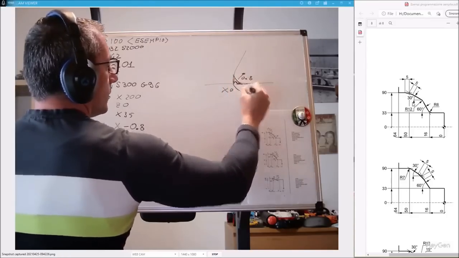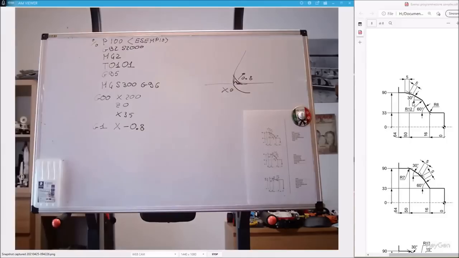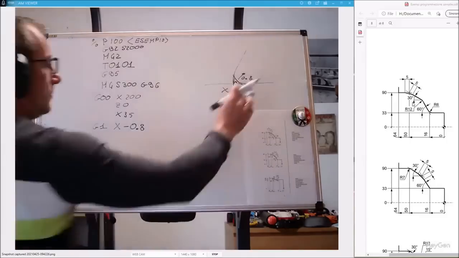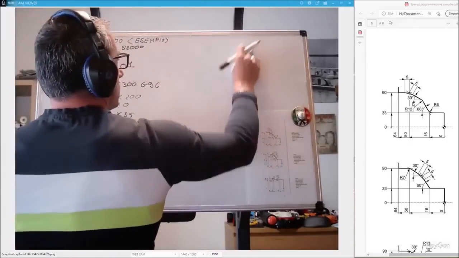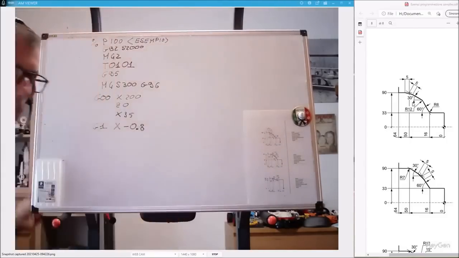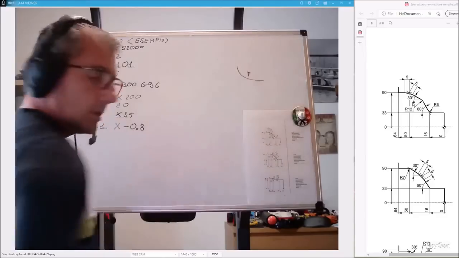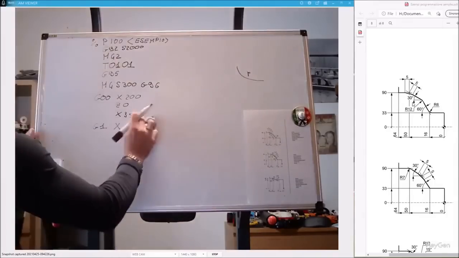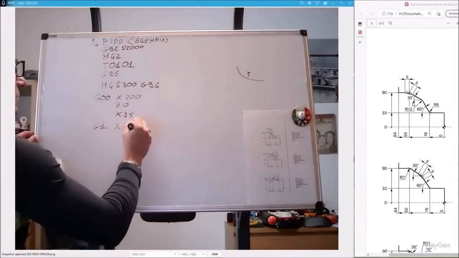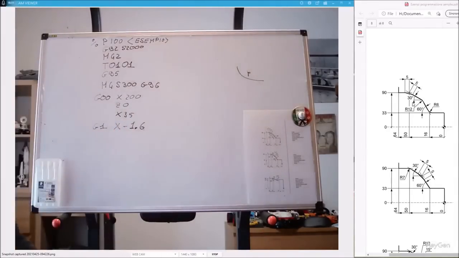So I lower my tool by 0.8 more. Small reasoning. Sorry. This is the radius, 0.8. You see? Sometimes I get confused too. Minus 1.6, twice the radius.